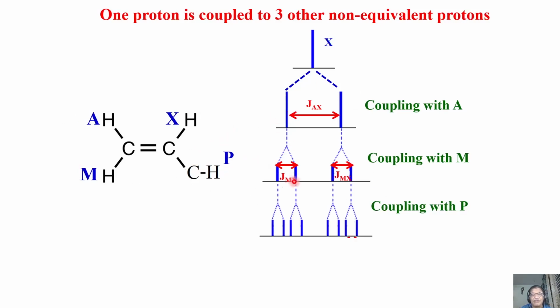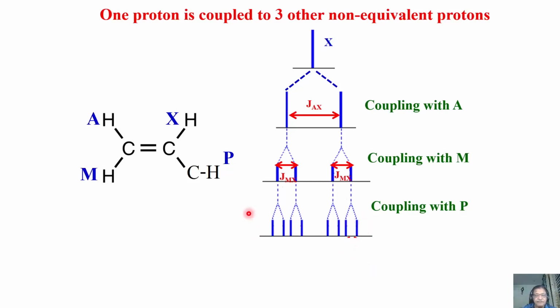Each of them will further split into half. So what is the intensity now? This was intensity 1, 0.5, 0.5, 0.25, 0.25, 0.25, 0.25. Again further divided into 2, 0.125, 0.125, 0.125, and so on. All 8 lines are of equal intensity with 0.125 intensity.